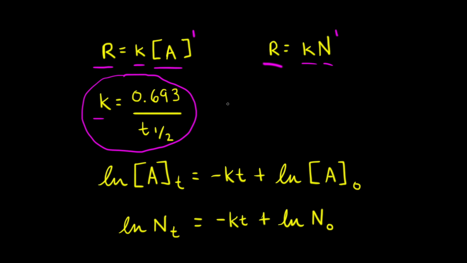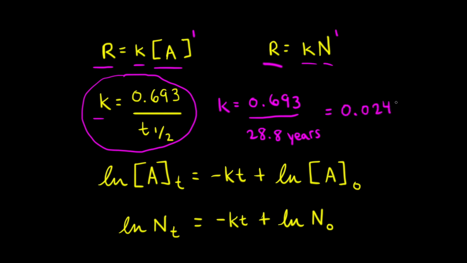For example, if we wanted to find the rate constant for the radioactive decay of strontium-90, the rate constant would be equal to 0.693 divided by the half-life of strontium-90, which we saw was 28.8 years. When we do that math, we find that k is equal to 0.0241 per year.